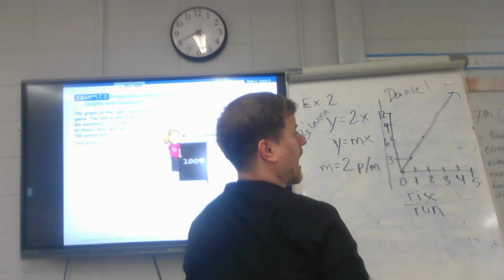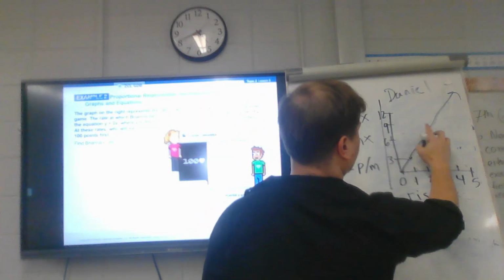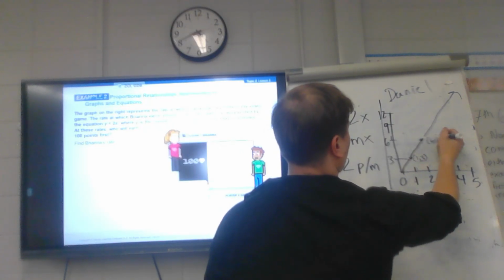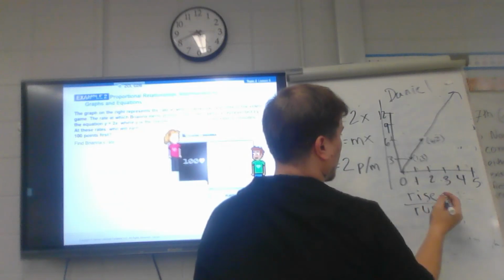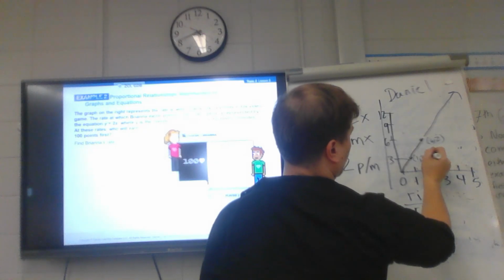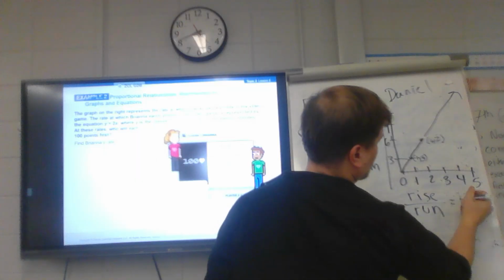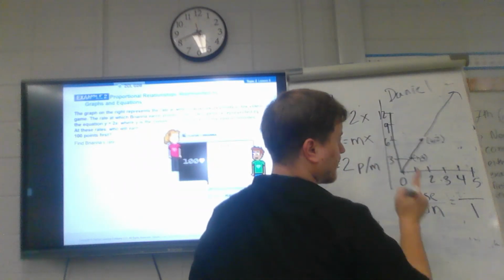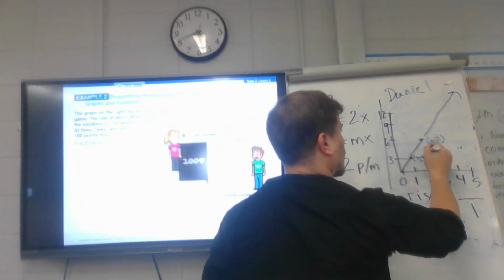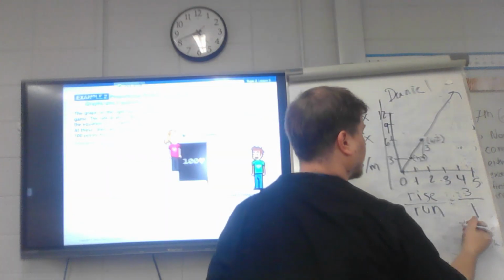So when we look at the graph, we know to go from 1, 3 to 2, 6, I am going up, so I'm going over 1. So we know my run is 1. So we have a unit rate, that's very useful. But to go from 3 to 6, we actually have to go up 3. So we have 3 divided by 1.